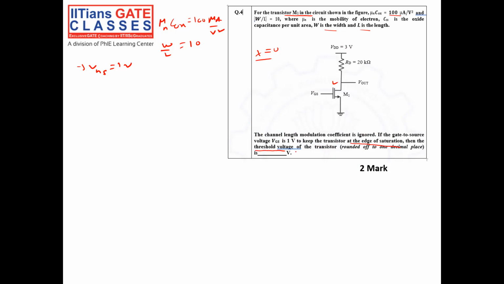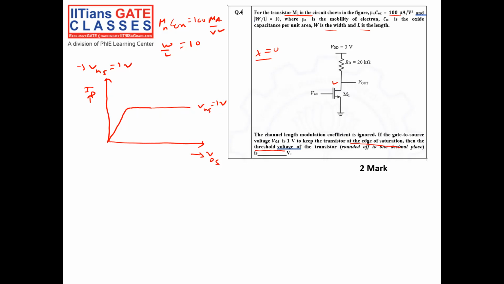See, first to understand what the edge of saturation is. If I want to plot the ID-VDS characteristic of the MOSFET M1, suppose this is ID, this is VDS. You will see when I increase my drain to source voltage, the current will start increasing slowly. After a particular point, current will saturate and it will not increase at all, for VGS equal to suppose 1 volt I apply.